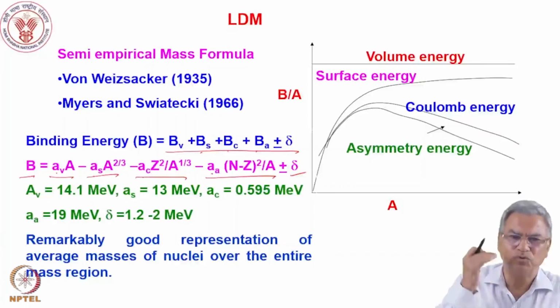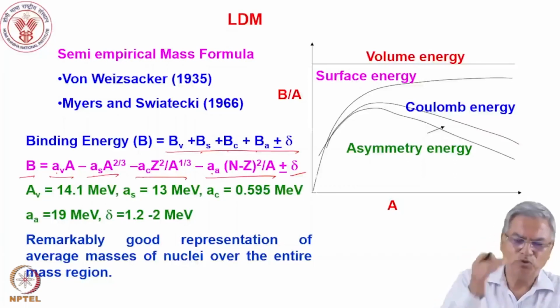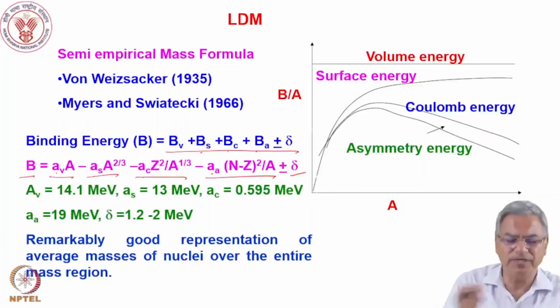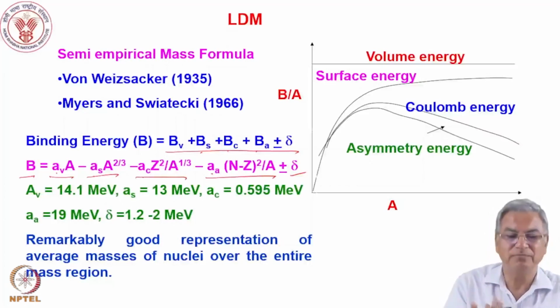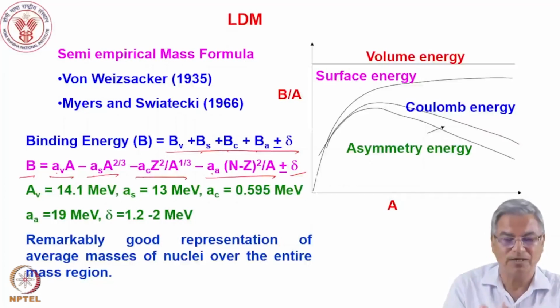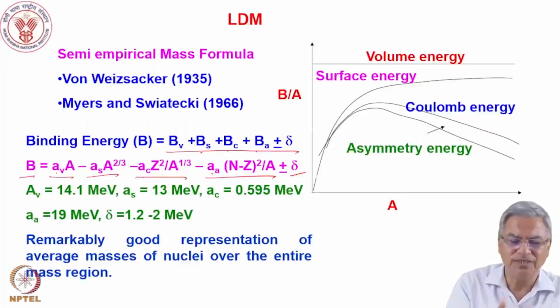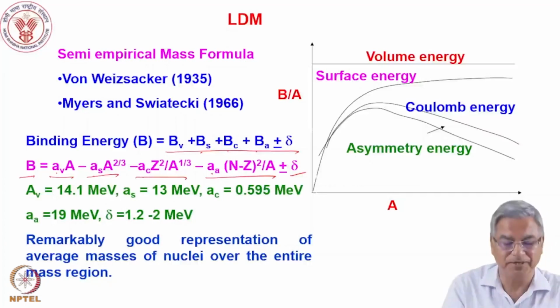So if you have the experimental masses, put them into this equation and do the fitting to get these 5 constants. That is how we get them. Empirically we have obtained these, hence the name semi-empirical mass formula. The formula is based on some phenomenology, but the constants are obtained by empirical means.